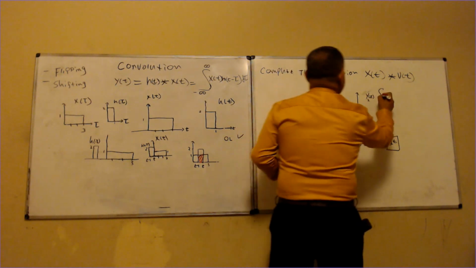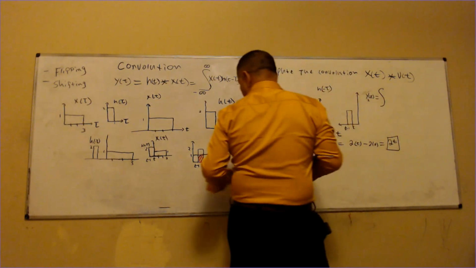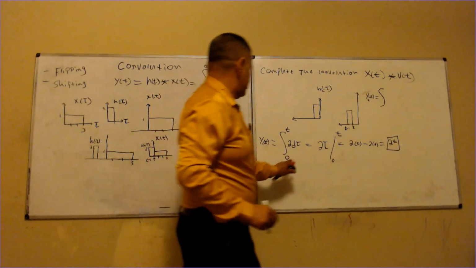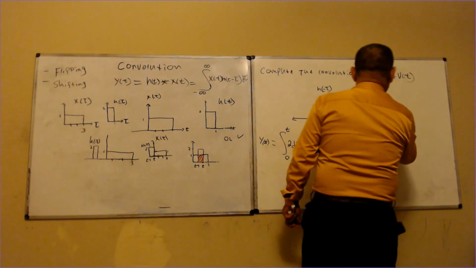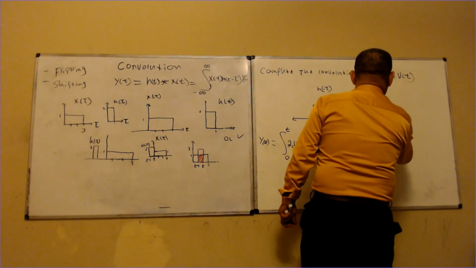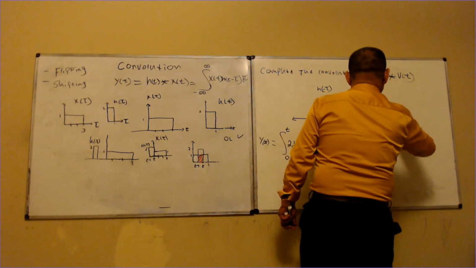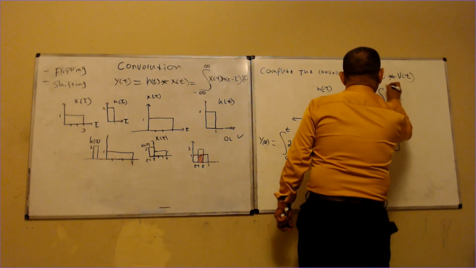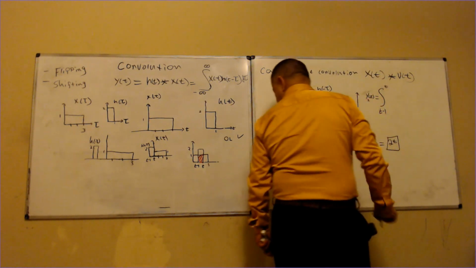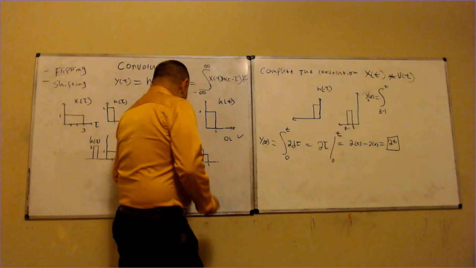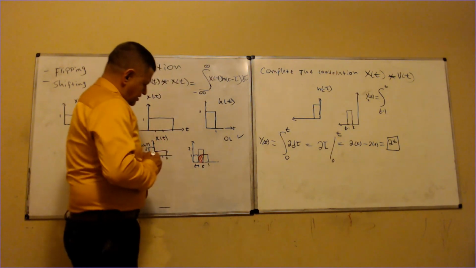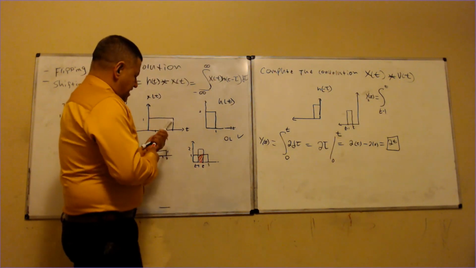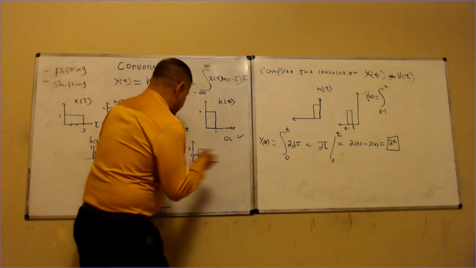So now, instead of having 0, we will have t minus 1 to t. Now we have this area that we need to calculate.